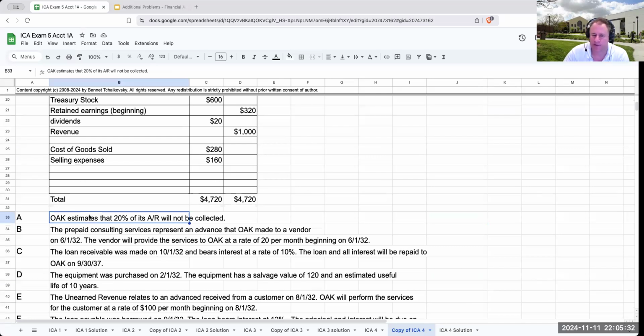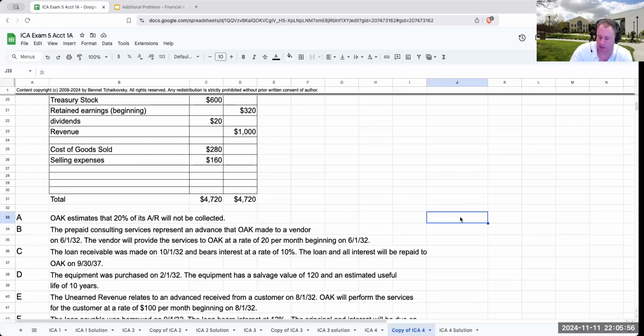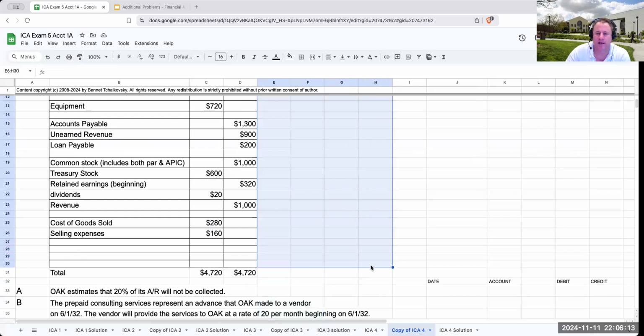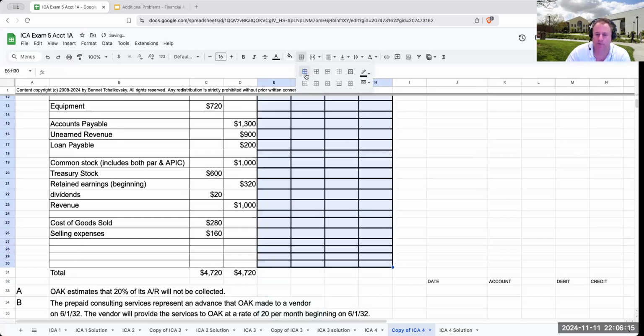Oak estimates that 20% of its accounts receivable will not be collected. So when I'm doing adjusting journal entries, I'm going to have my date, account, debit, and then credit. And what I'm also going to do is add a few columns.